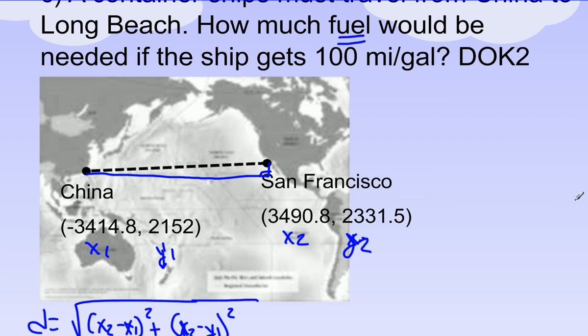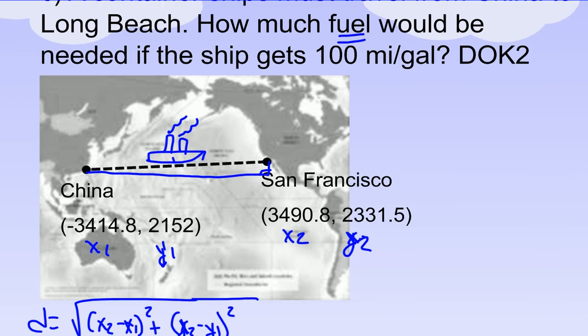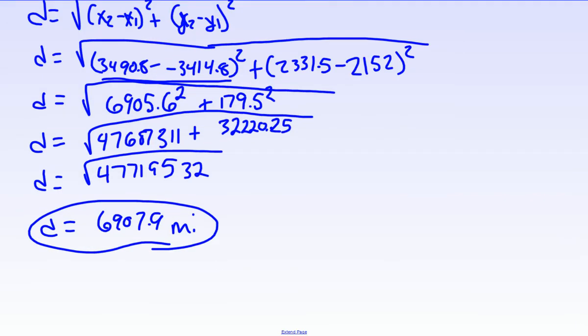We can now use that distance to find out how much fuel we need. If this boat is traveling across the ocean here, and it gets 100 miles per gallon, how much fuel would you need? Well, if it gets 100 miles per gallon, so every 100 miles is 1 gallon, how many hundreds of miles is this?